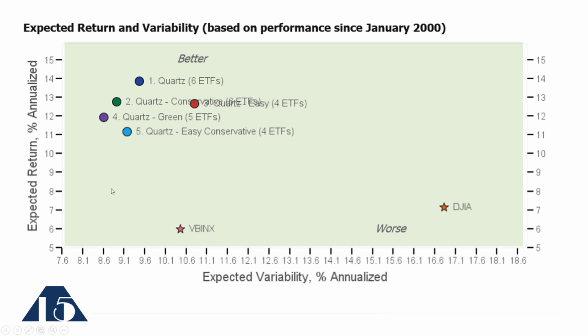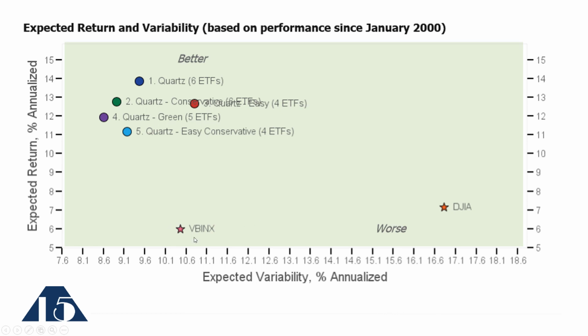Both of these numbers are annualized, and this area, the upper left-hand quadrant of this chart, is attractive. It has high return and low variability. That's a good thing, and that's indicated by this label better. The opposite quadrant is high variability and lower return, and so this is worse.